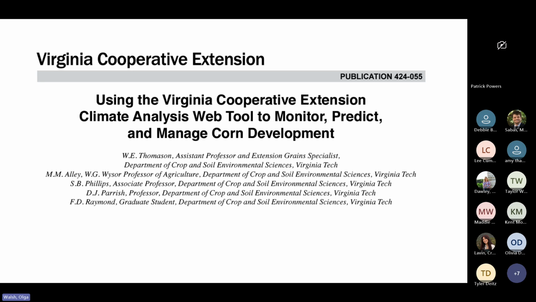But all of these factors are playing a kind of secondary role, because temperature is still the driving force behind plant growth. In the case of corn, temperature is really what determines when a corn crop tassels or when it's ready to harvest.